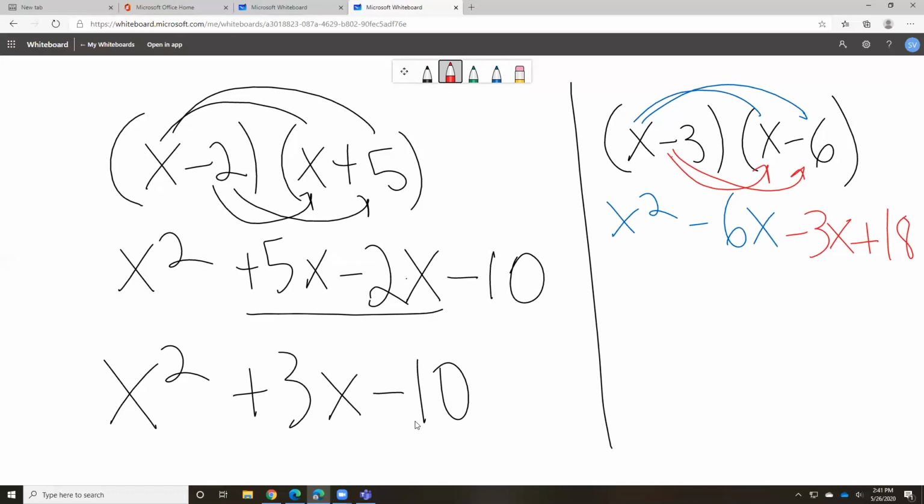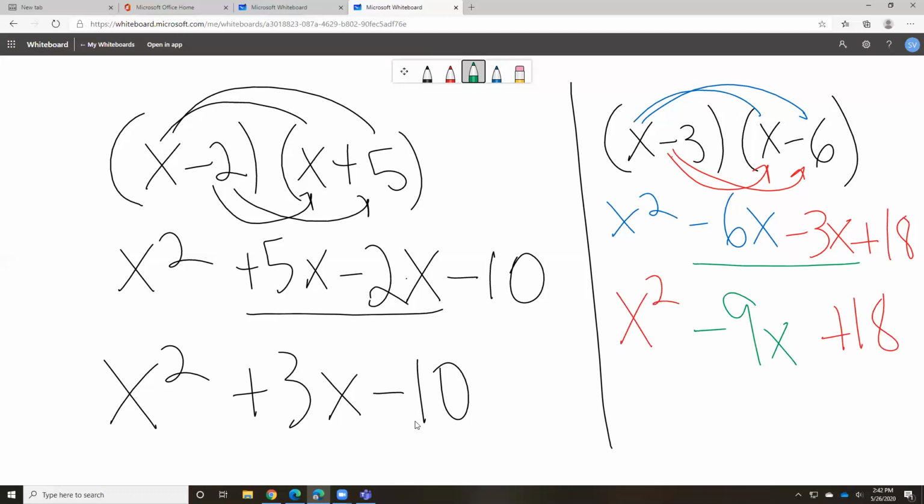Okay, so now what happens? Bring it all down, x squared, and plus 18 here. But I need to do some sort of combination here because I have like terms, negative 6x and negative 3x. So again, if I dive down 6 feet into the water, and then I dive down another 3 feet, I'm gonna be down 9 feet, 9x.